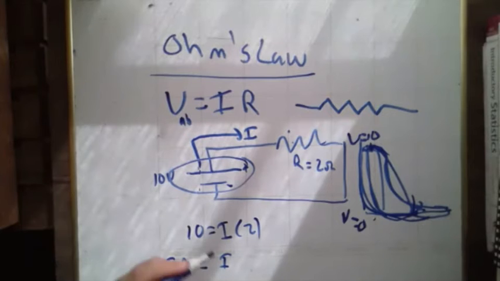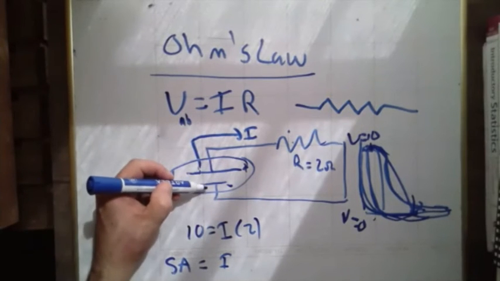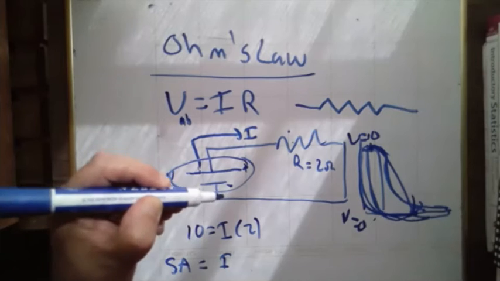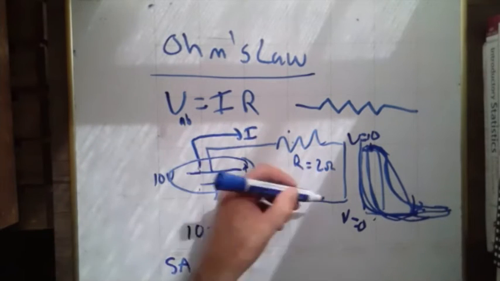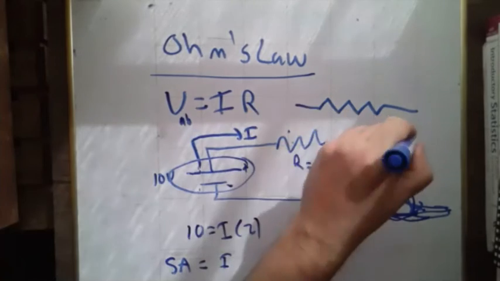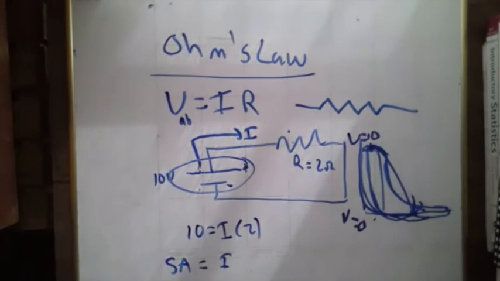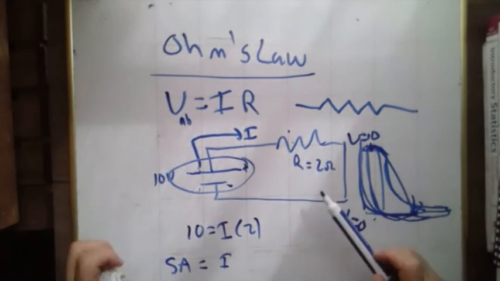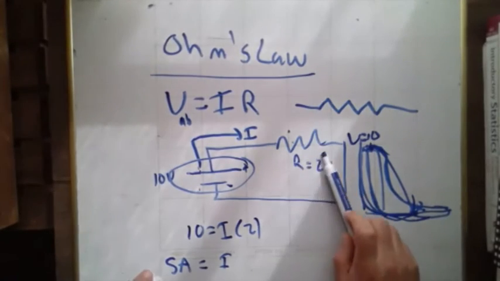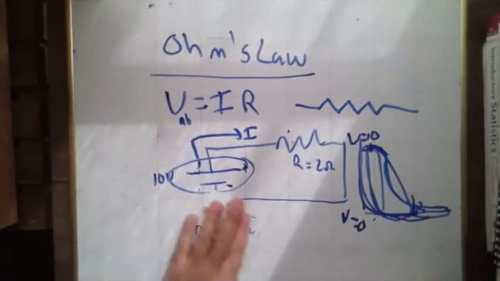That's energy. The battery uses energy to get those charges up that hill, and then we drop. If we had a bunch of resistors, we would lift up and drop and drop and drop. That requires energy. Where does that energy go? It gets dissipated by this resistor in the form of heat or light.